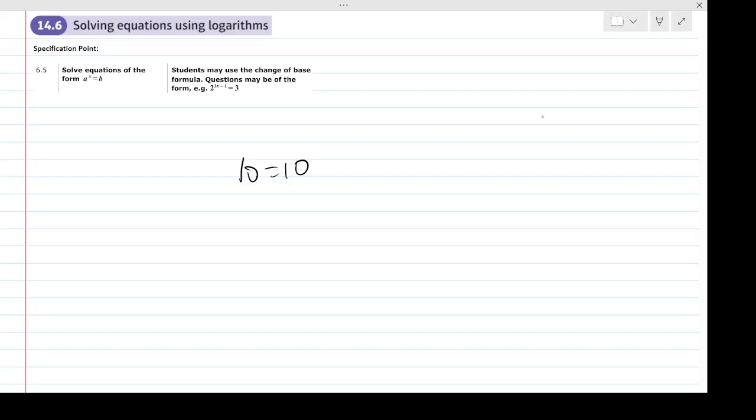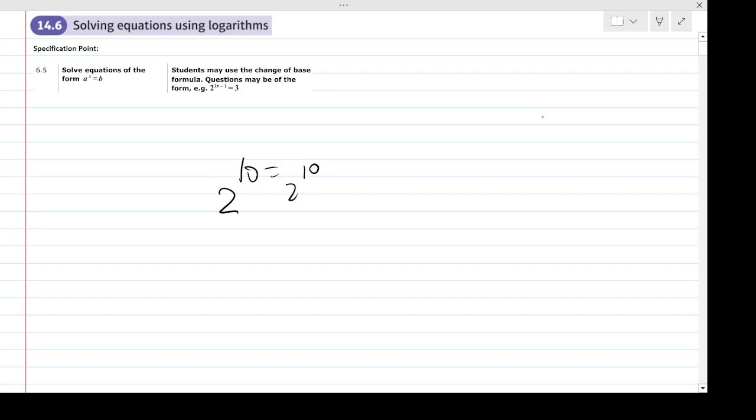So what I mean by taking an exponential, firstly, we've got this equation here, right? We can raise both sides by the same power. Let's say then 2. So 2 to the 10 is then the same as 2 to the 10. Okay? So originally I had 10 equals 10, but now I can raise both sides by the same base, 2.